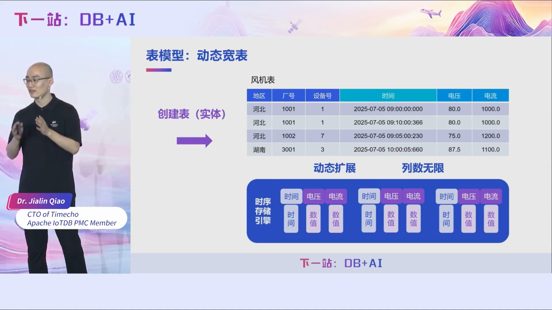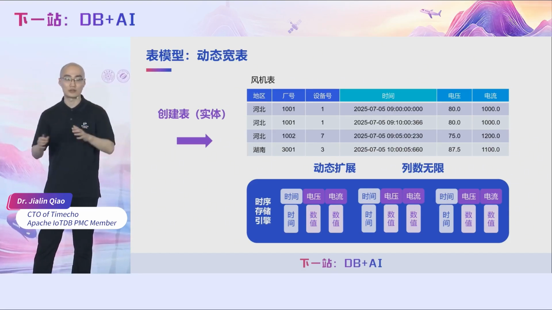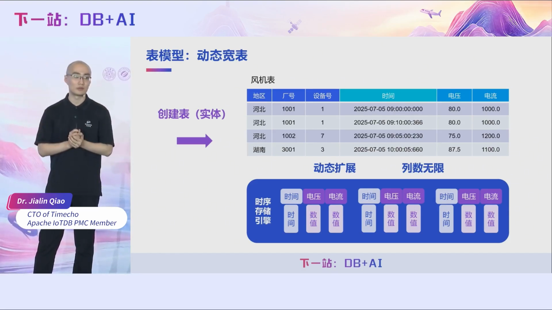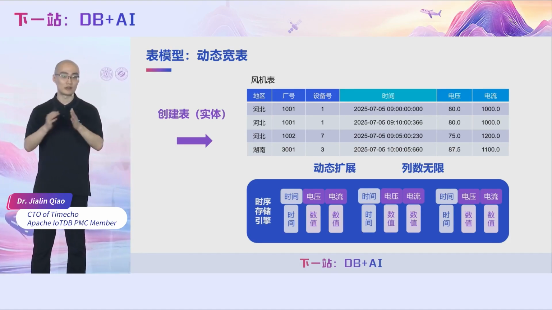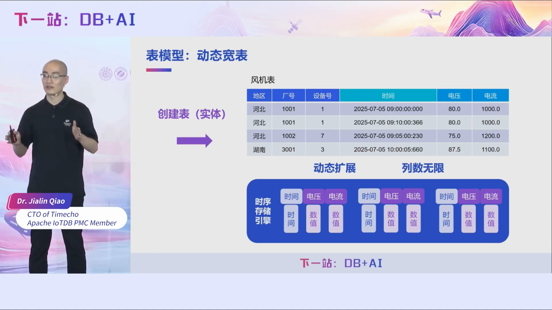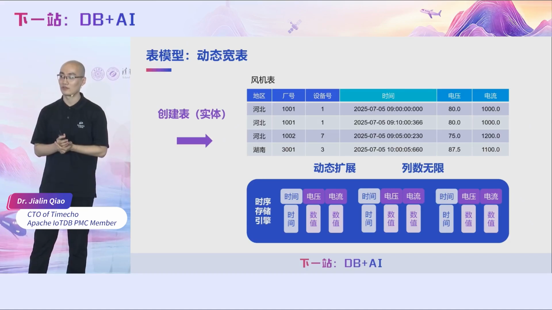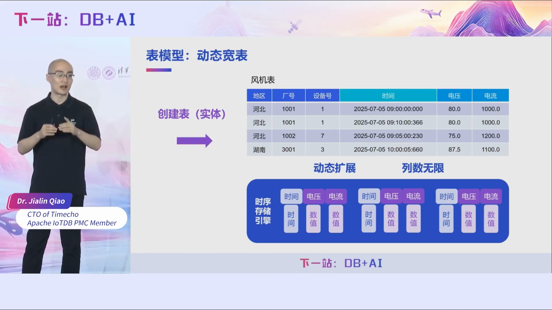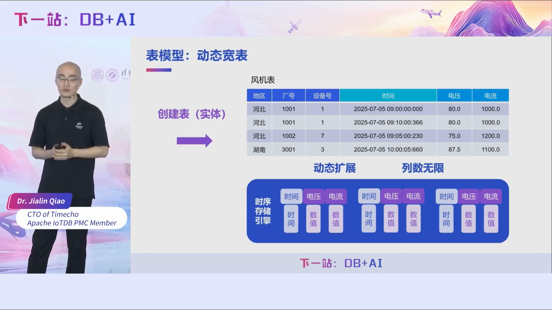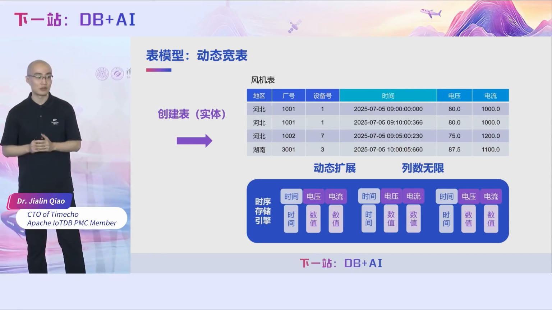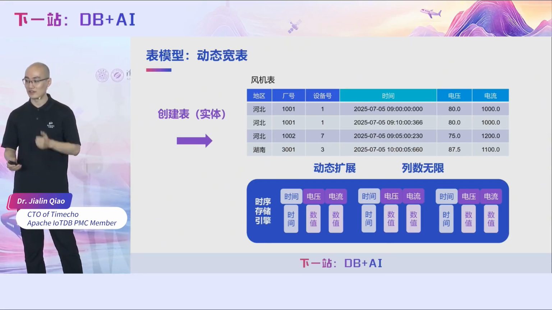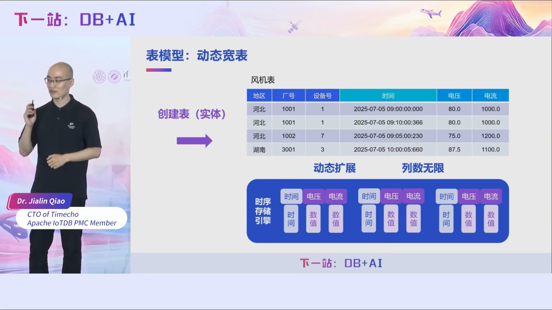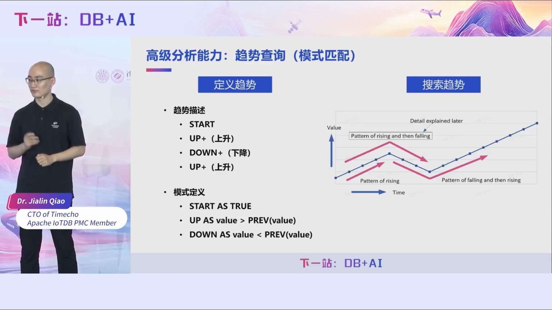In this case, we can let this table expand dynamically as data is written, with no upper limit to the number of columns. With traditional databases, we all know that a database table usually has an upper limit of a few thousand columns. But when managing high-end equipment like large airplanes, a single plane might have tens of thousands of columns. In that case, you no longer need to hassle with splitting databases into tables. These are the two aspects of tables, views and entities.